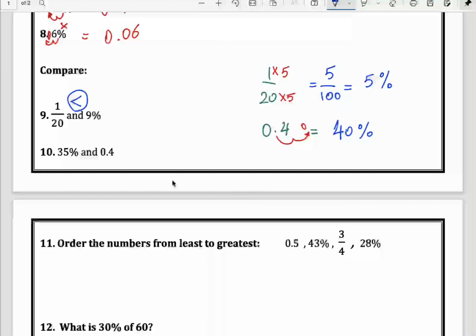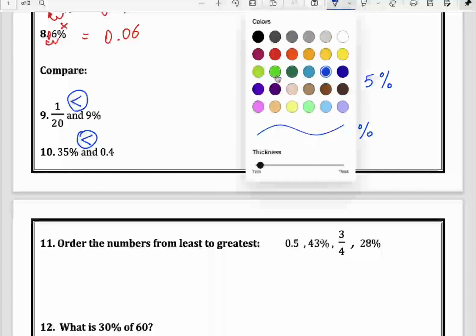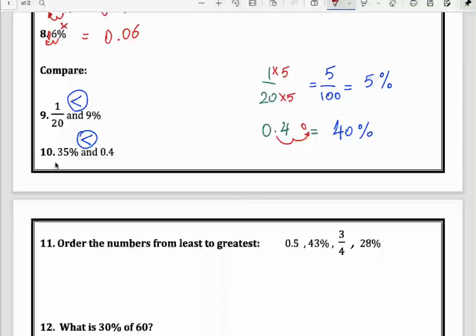Now we're comparing 35% and 40%. So 35% is less than 40%. And of course, in question number 10, you can solve it another way by writing 35% as a decimal. If you write 35% as a decimal, it will be 35 hundredths or 0.35, and you can compare the two decimals.